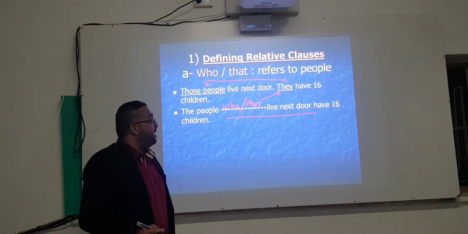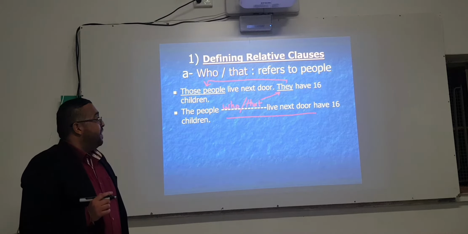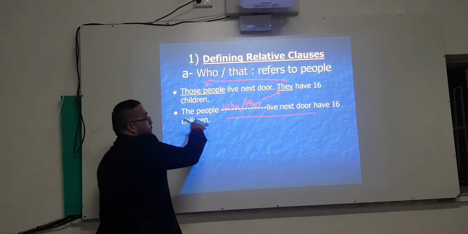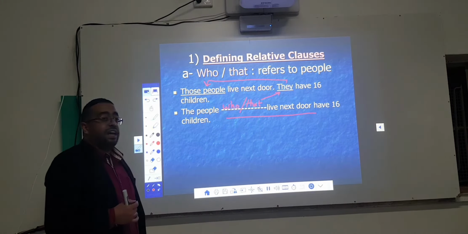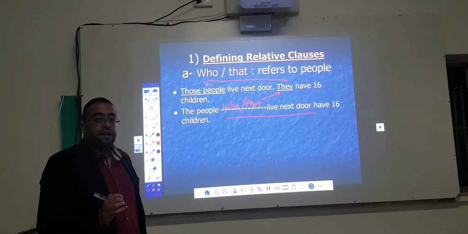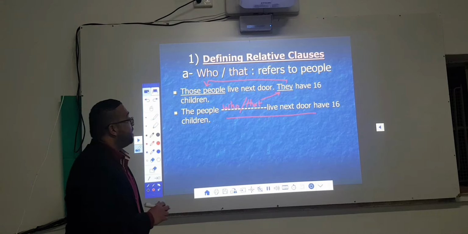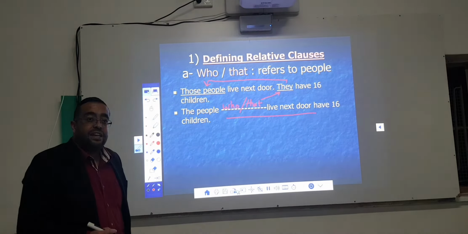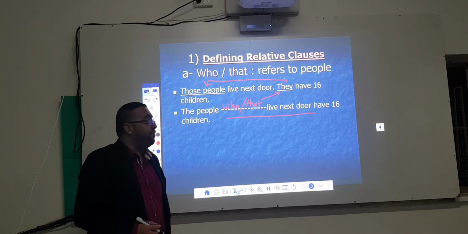It's to define the noun that precedes it, the people. And it gives necessary information about it. So we call this clause a defining relative clause.